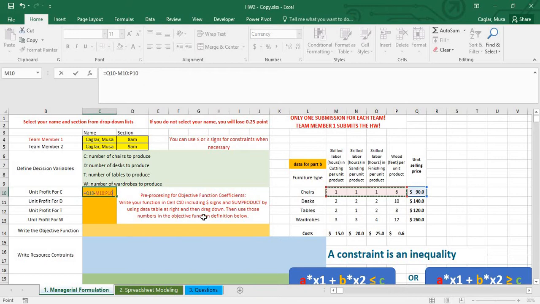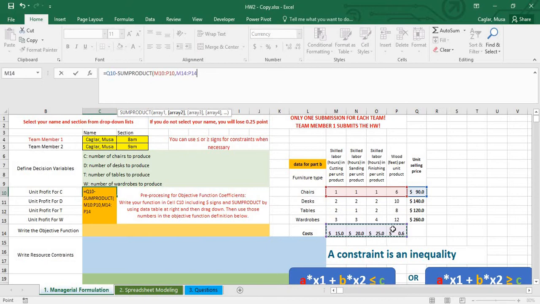Okay, so by using these numbers I'm gonna do the sumproduct, these numbers, comma, resource cost. But I wanna break down my formula. Why?